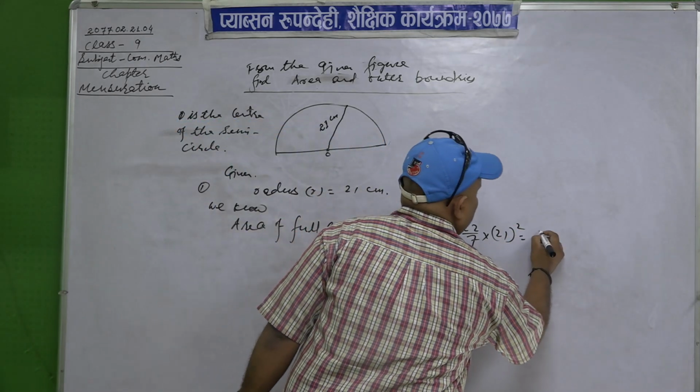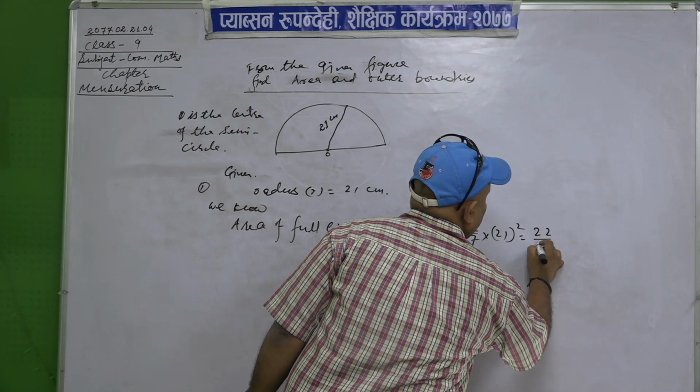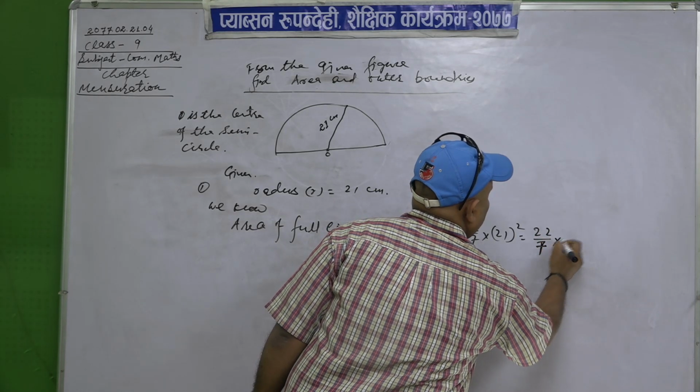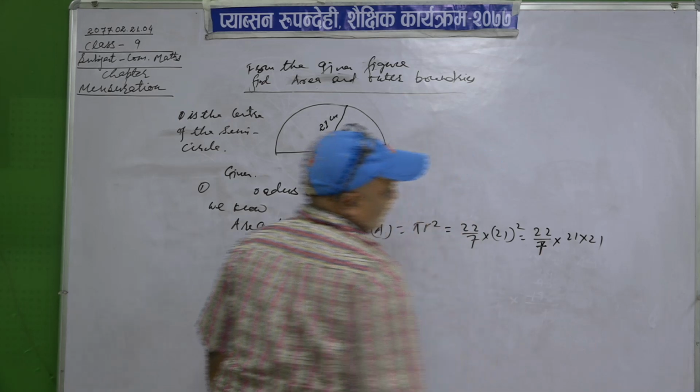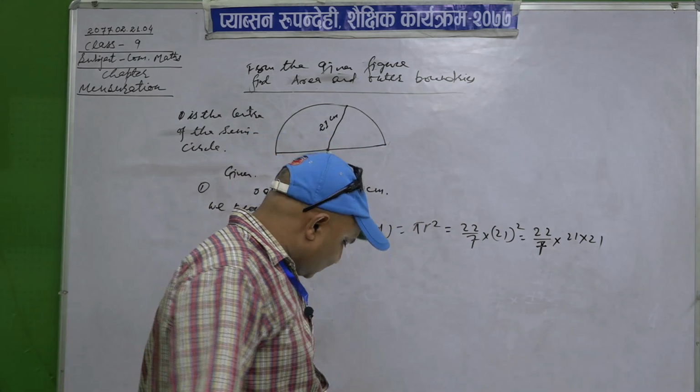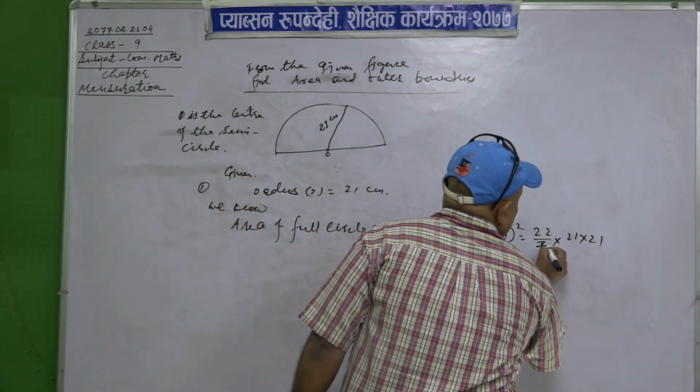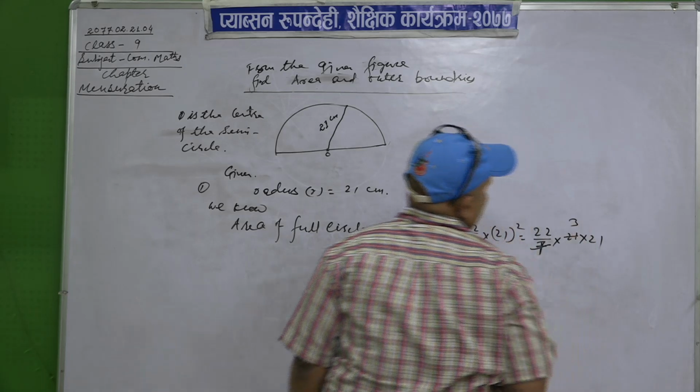Now simplify it, 22 upon 7 into 21 into 21. 7 1 is 7, 7 3 is 21.